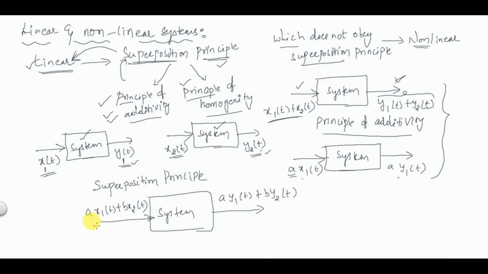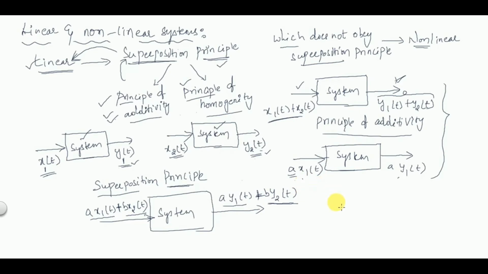If the input is multiplied by a, the output should also be multiplied by a. If x2 of t is multiplied by b, the corresponding output y2 of t should be multiplied by b. So if the two inputs are given, the output should be the sum of the two outputs. This is called the superposition principle, and this is the linear system in detail.